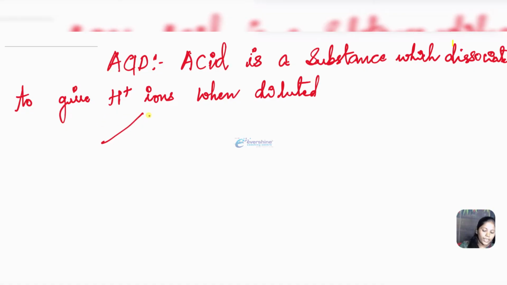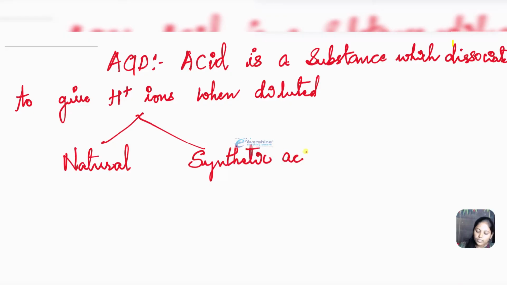In acid, there are two types: natural acid and synthetic acid. What do you mean by natural acid?